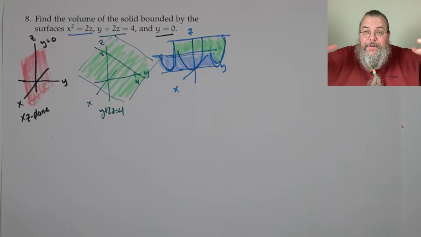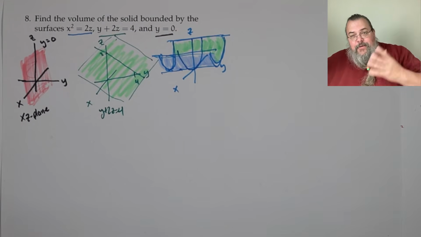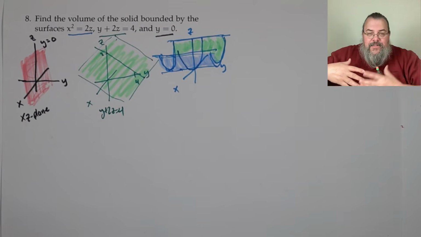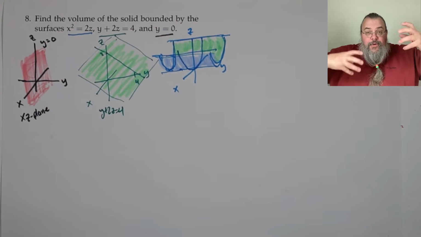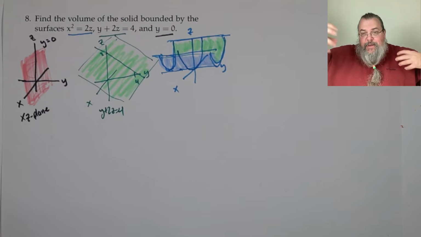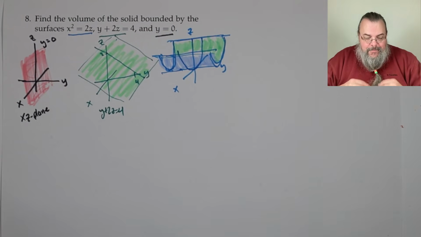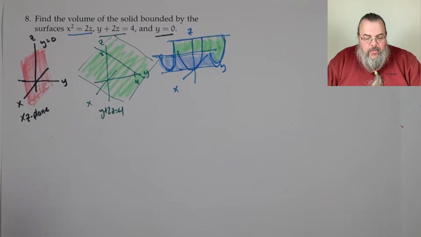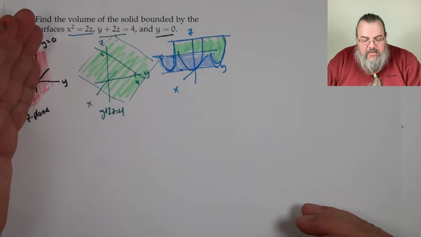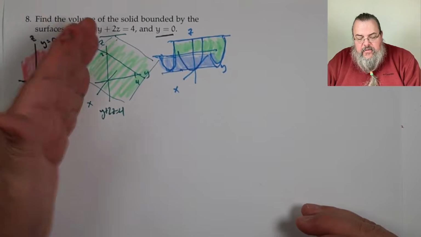We don't want anything that goes off forever, because every surface is basically cutting our space up into pieces, and we want the one that's finite. We can imagine we'll take the xz plane and take everything where y is positive.